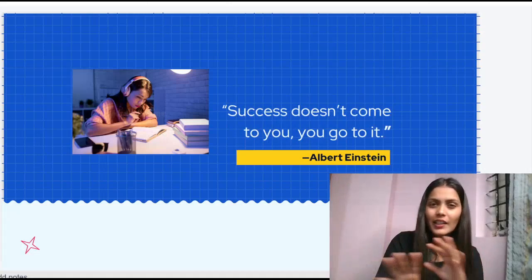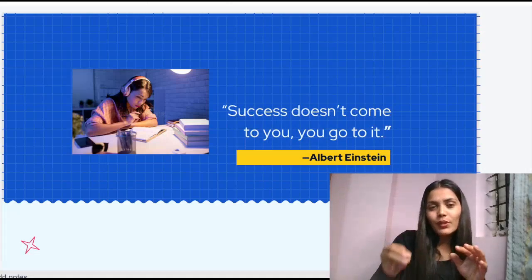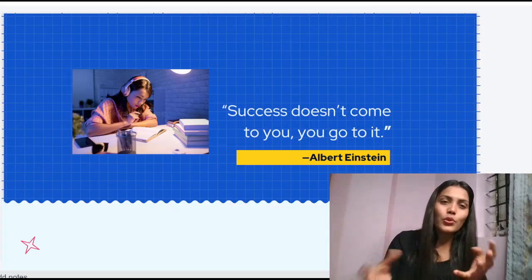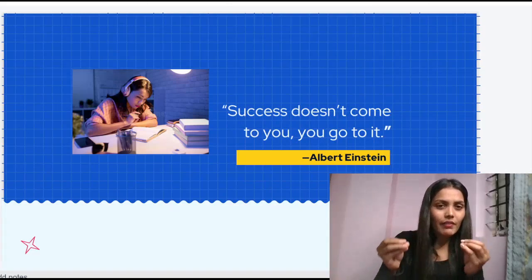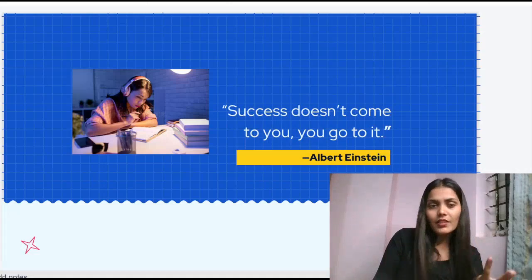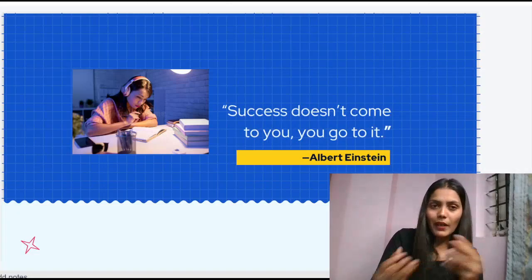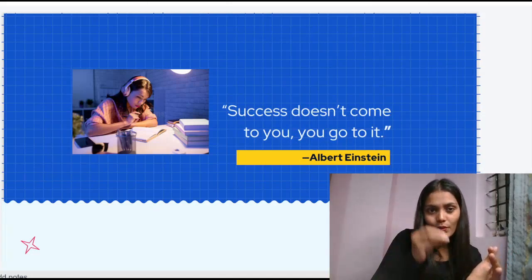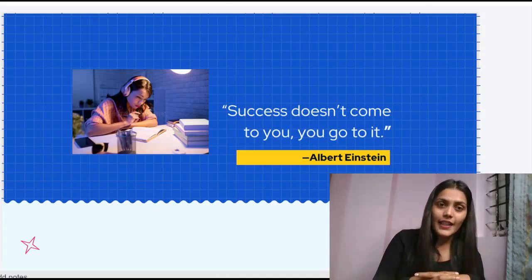Just working hard is not enough. If you work hard and don't do it smartly, there is no use of that work, you will never succeed, I believe. So you need to be smart. The way you learn, the same way you need to present your answer as well.